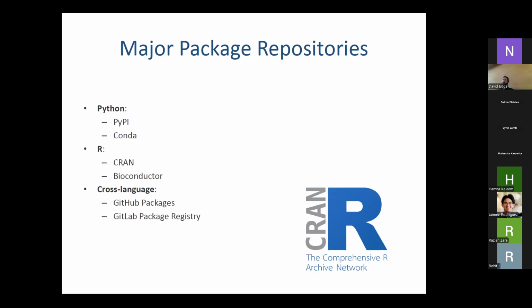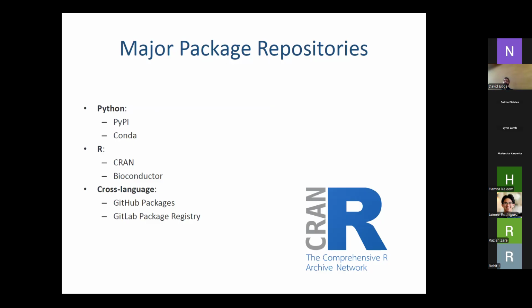So some major package repositories for Python, generally PyPI and Conda are the most used package repositories. And for R, we have CRAN and Bioconductor. Bioconductor is more specifically for the biological sciences. CRAN is very broad-based. A lot of packages on CRAN.